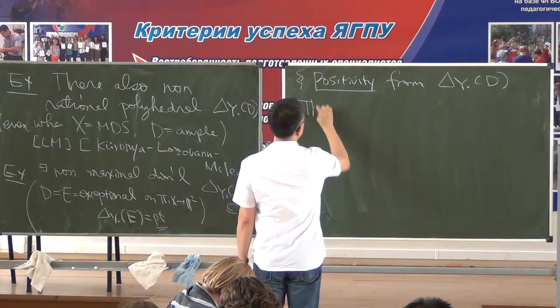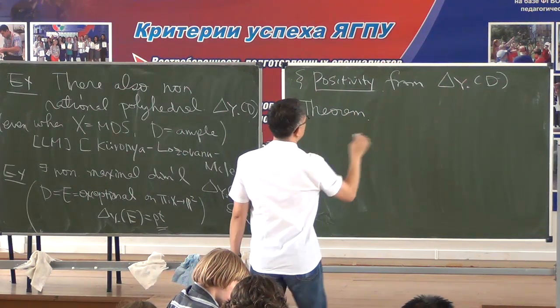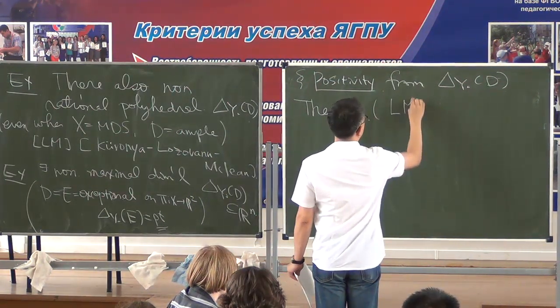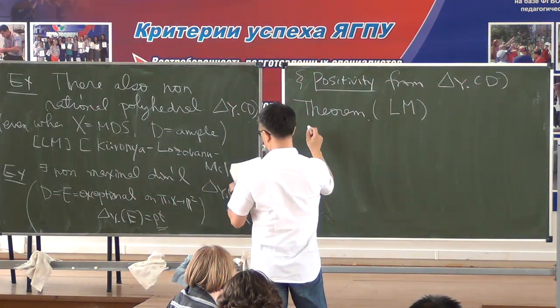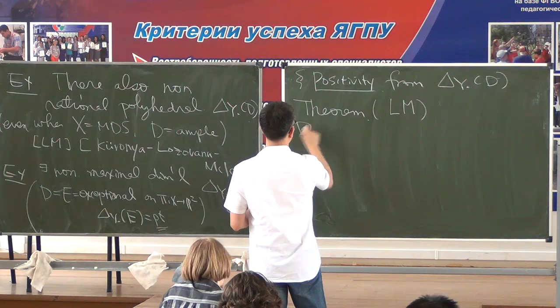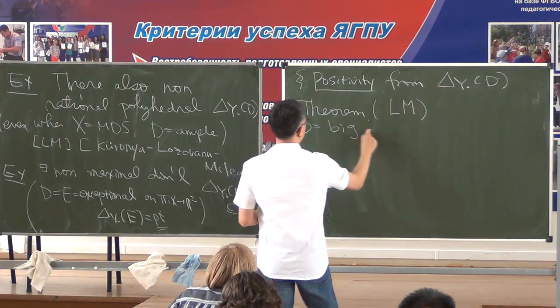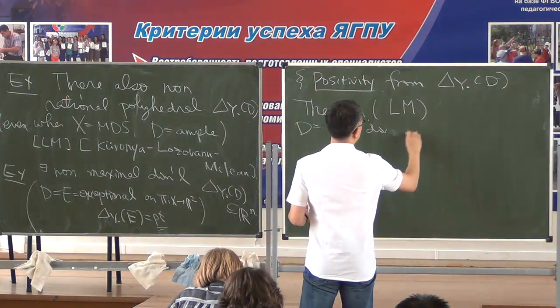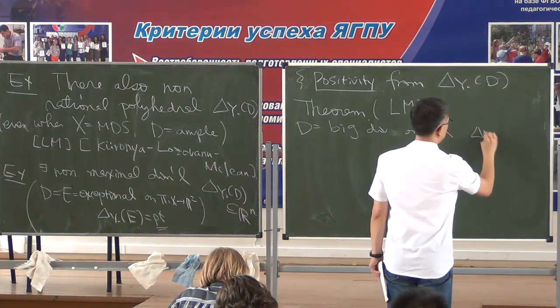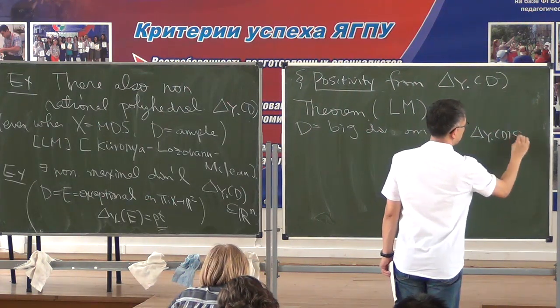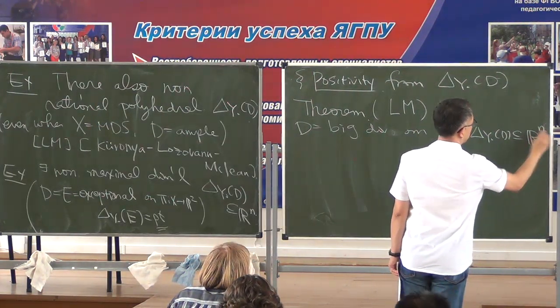The first fundamental theorem in this area is again by Lazarsfeld and Mustață. Take a big divisor D on X, and we know that our Okounkov body is some subset of Rn.